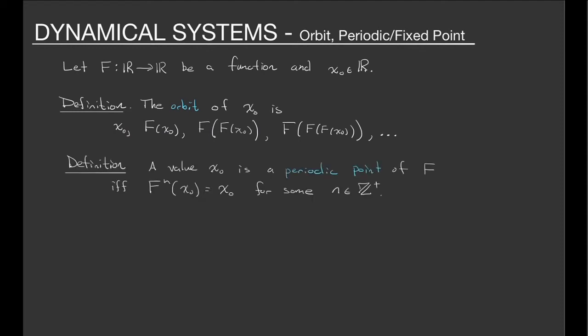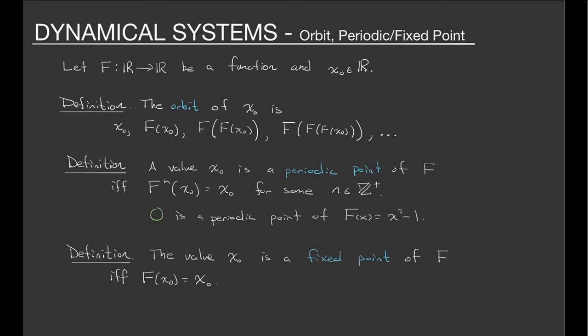We'd say a value x naught is a periodic point if after some point it repeats. In our previous example, 0 was a periodic point because eventually it repeated. After 2 successive iterations, it returned to 0. So was negative 1. And the final example we looked at was a fixed point. That is, if you substitute the value into your function, you get the same value back. We saw that the golden ratio was a fixed point of that function. Again, the orbit is simply the series of iterates you get.